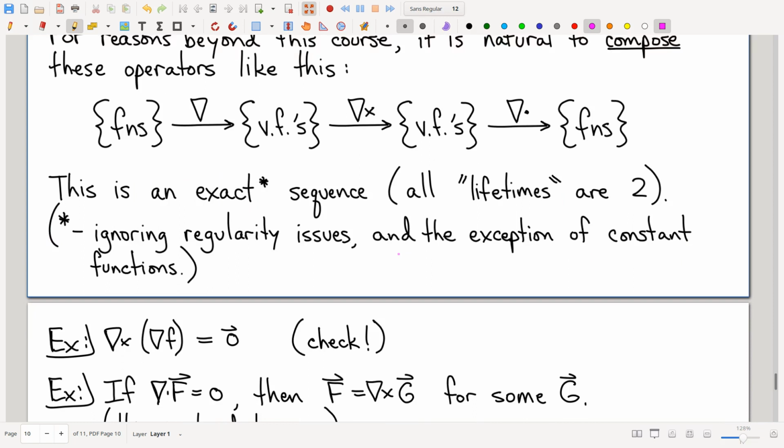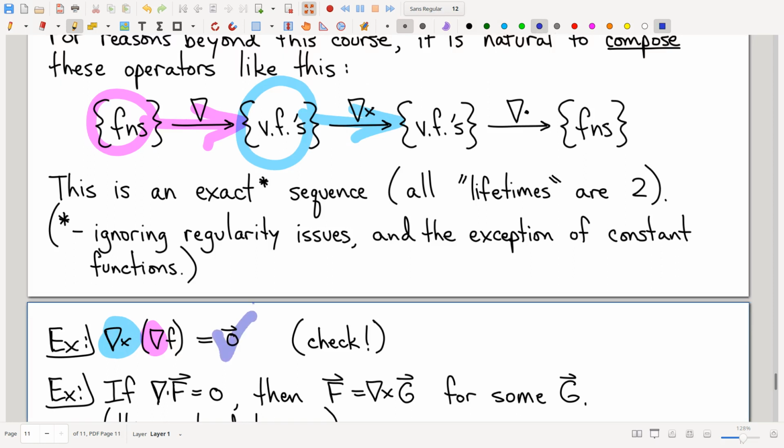If you take a gradient of something, a function, of course, so starting on the far left, if you take that gradient, and then if you compute the curl of that, you will get 0.